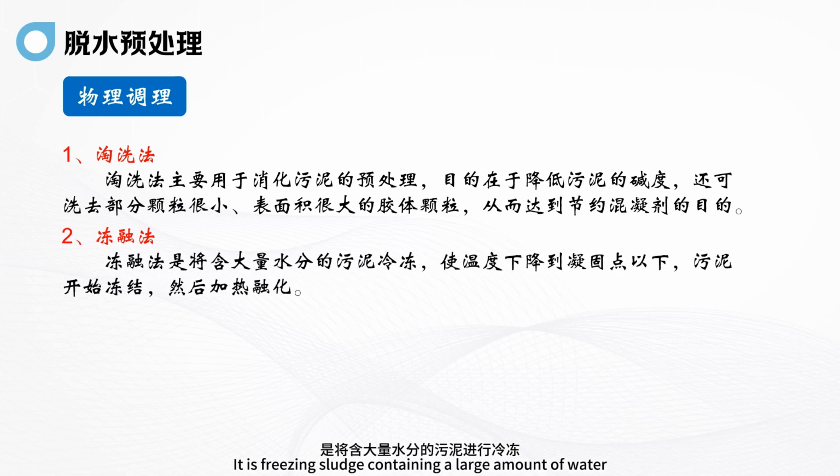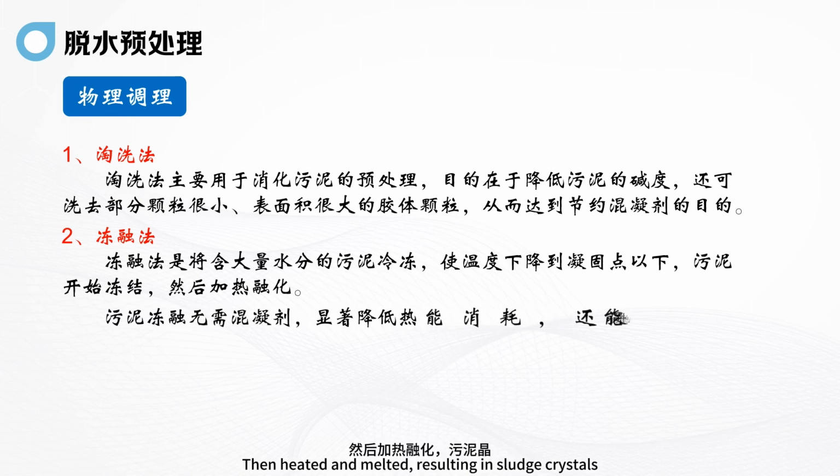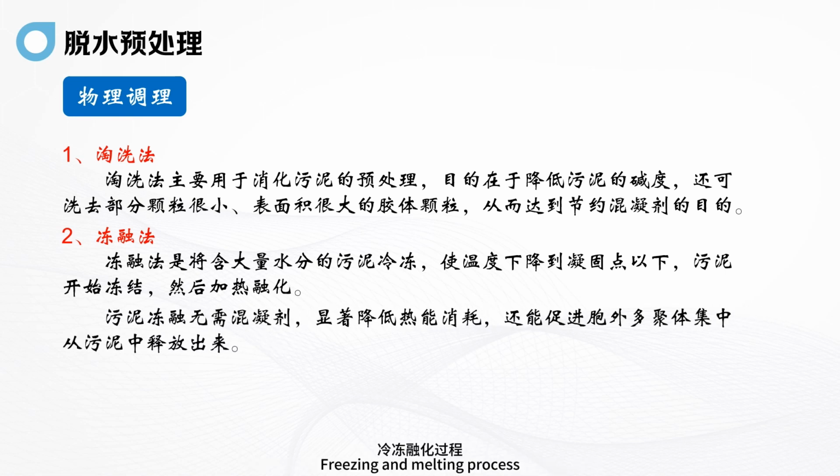The freeze-thaw method freezes sludge containing a large amount of water, reducing the temperature below the freezing point. At this point, the sludge begins to freeze, and is then heated and melted, resulting in sludge crystals. Due to significant changes in temperature during the freezing and melting process, colloidal particles are destabilized and coagulate. Sludge goes from fine to large, losing its capillary state.